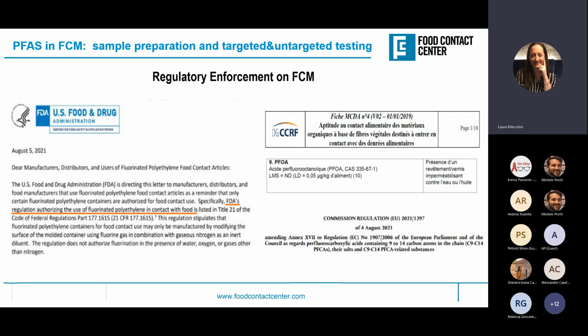In Europe, at this moment, the situation is not clear. We have a ban in Denmark for the total quantity of fluorine, we have a limit only for PFOA in France for paper food contact materials, and we have a total content limit in the REACH regulation.